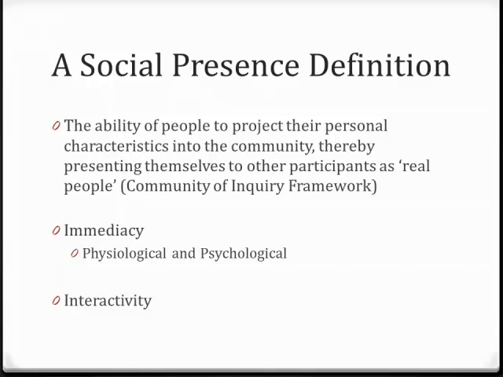As this physiological distance increases, the psychological distance increases as well, and so you have to make up for that. And we're going to try to do that through the use of social presence indicators or behaviors. And the other item is also interactivity. It's how often you interact and how you interact with each other. And I'll talk about this a little bit later on in the presentation.